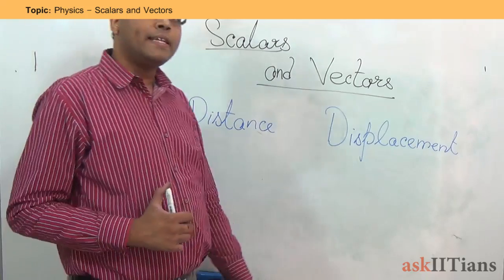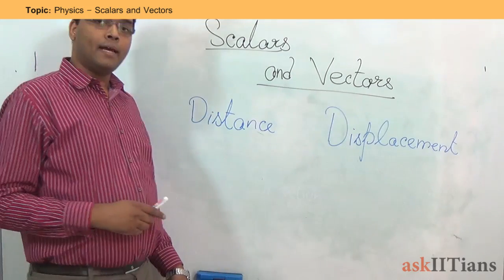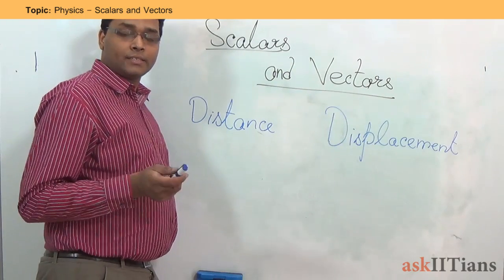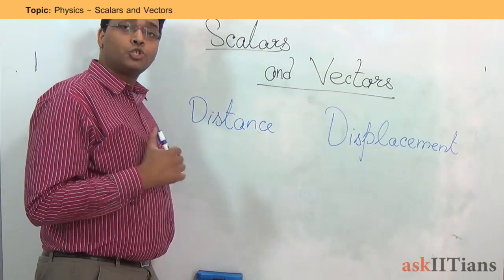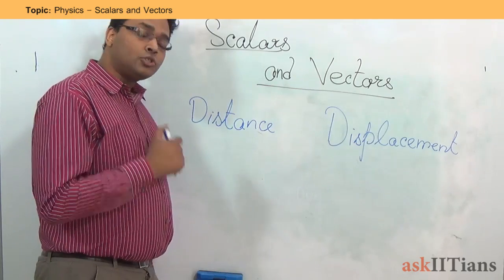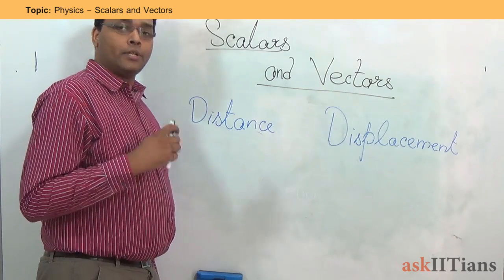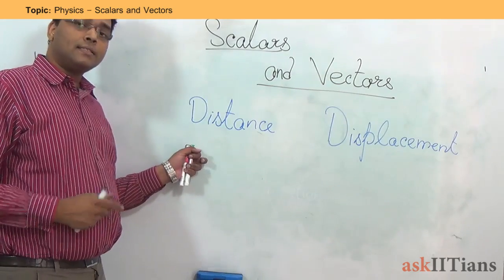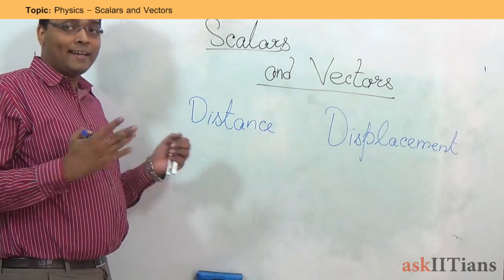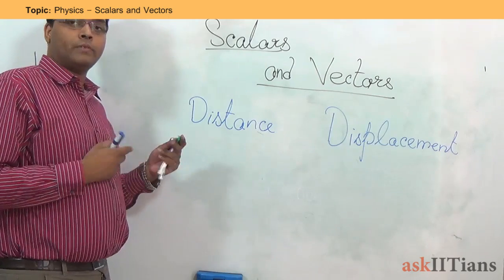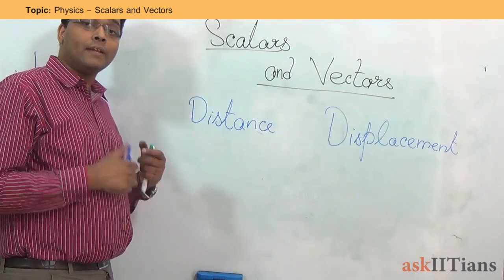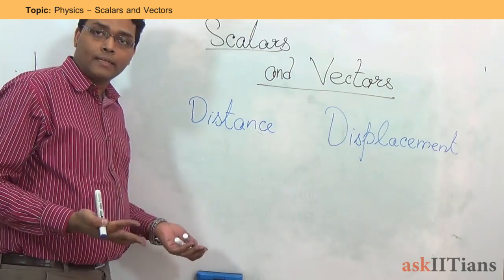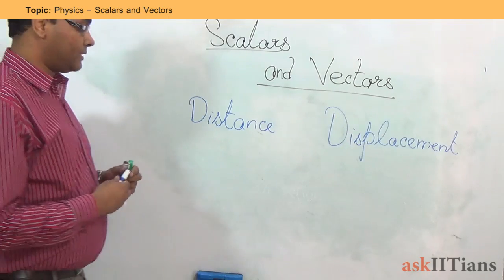Whereas displacement is the length of the path covered in a particular direction, and we also specify that it is the shortest length, the shortest length of the path covered between any two points in a given direction. Distance is not the shortest length, it can be any length, it can be variable, even between two given points, the length can differ depending upon what path you are taking. This is the basic difference.